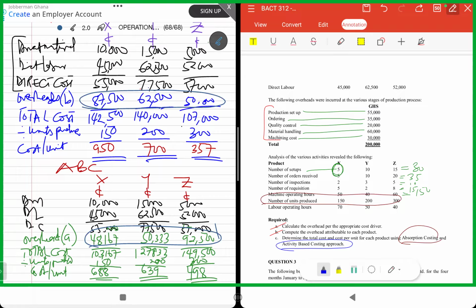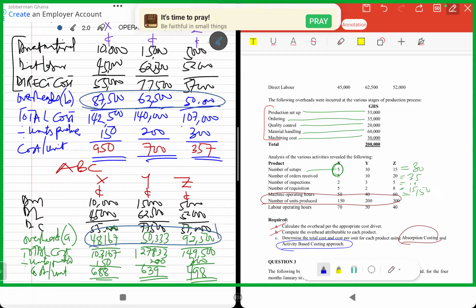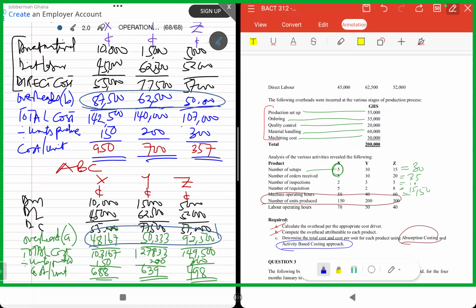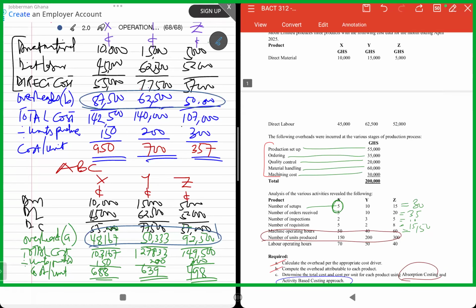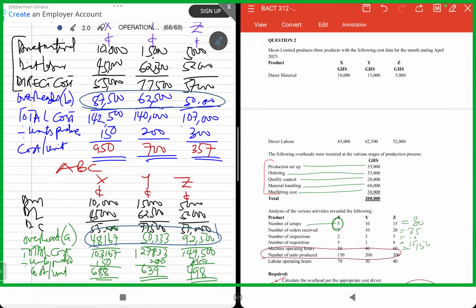If I had used the CDR, we wouldn't have finished by now, because we will first go and do the CDR, then come and multiply them by each of them. It would have been a long process. But the other one is good. So we are done with question 2.